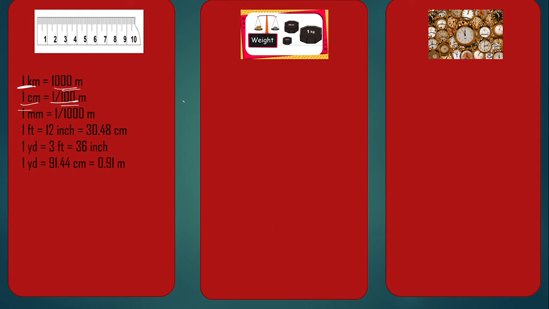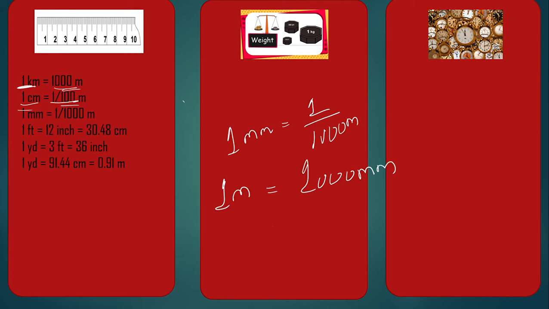Now 1 millimeter is again the same thing, 1 upon 1000 meter. We can write 1 meter is equal to 1000 millimeters, that is, 1 meter is equal to 1000 into 1 millimeter.